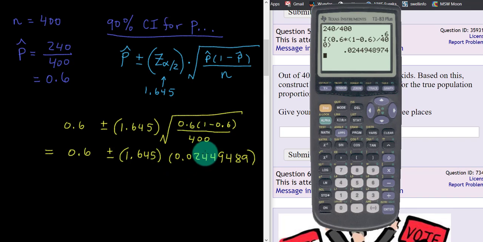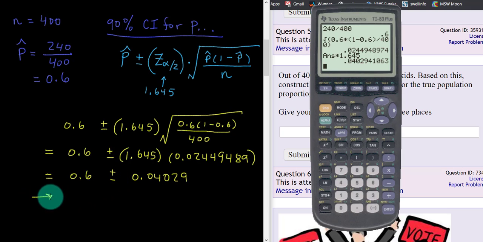Let's take our result and multiply it by the z critical value times 1.645. And so now we've got our margin of error. And I'm writing down all my steps so I don't lose anything. But now I can perform the subtraction and then perform the addition to get our lower bound and our upper bound.